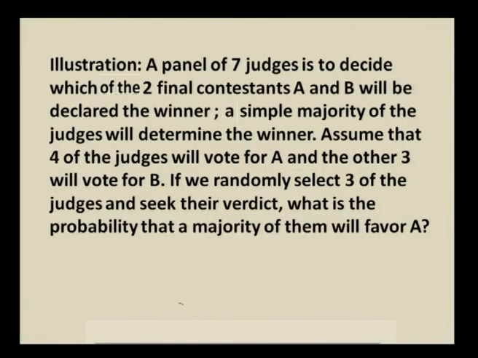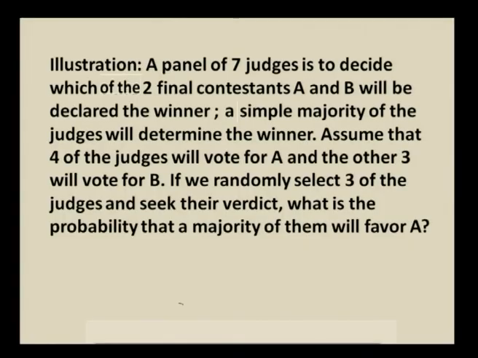So, another problem. Similarly, a panel of 7 judges is to decide which of the two final contestants, A and B, will be declared the winner. So, there are 7 judges in total. A simple majority of the judges will determine the winner. As you know, the judges' decision is final.